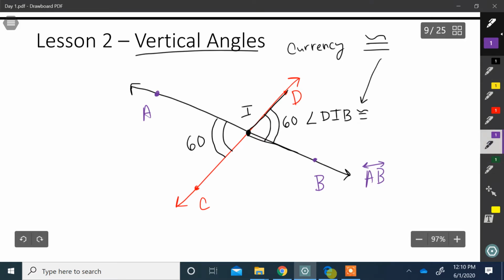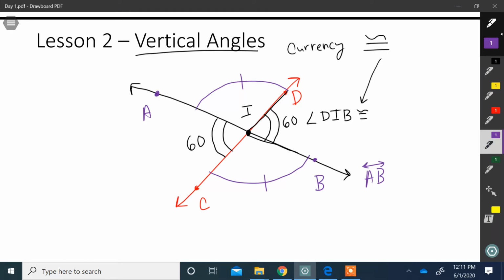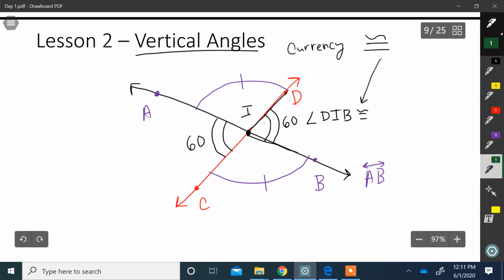Okay, and here we have another vertical angle with this one here. This angle is congruent to that angle. That little line right there means that those two are congruent. Okay, if I put another line here, I have to put another two lines there, to indicate that those two are congruent and they're vertical angles.